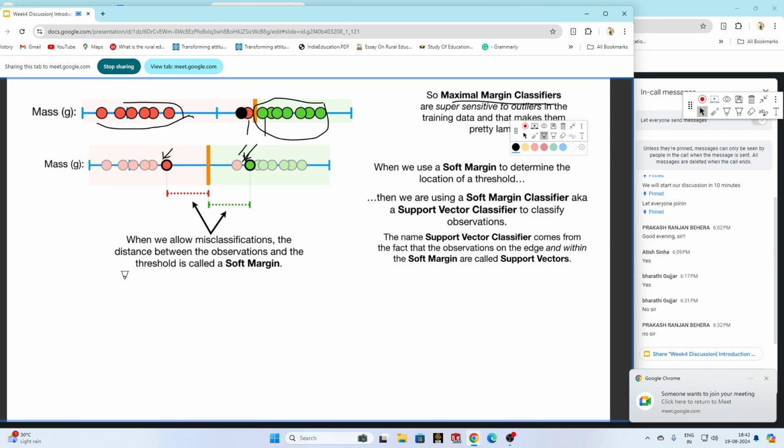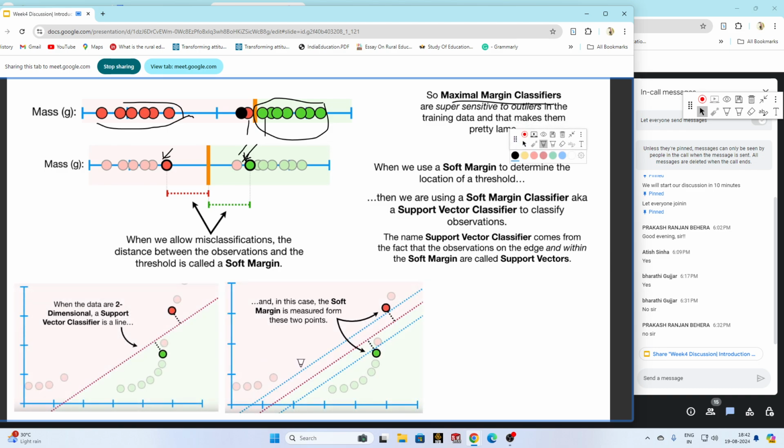Now we will extend the information that we have just discussed to a two-dimensional input feature. Earlier the input feature was one-dimensional, but now we are increasing it to two-dimensional values. You can see over here this is two-dimensional data, because we have two features, x1 as well as x2.